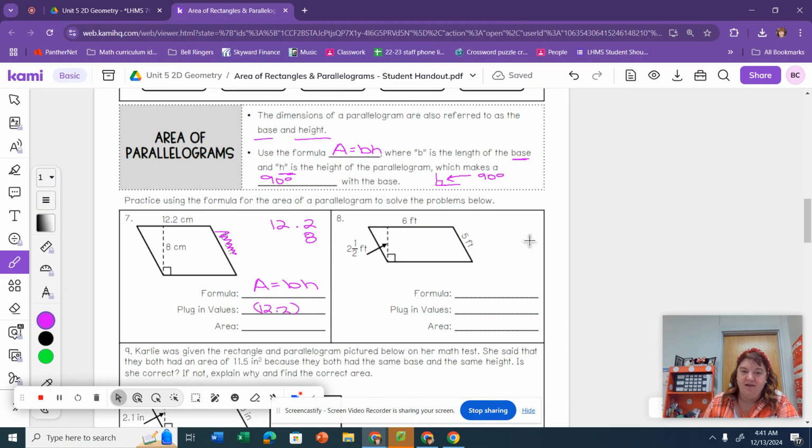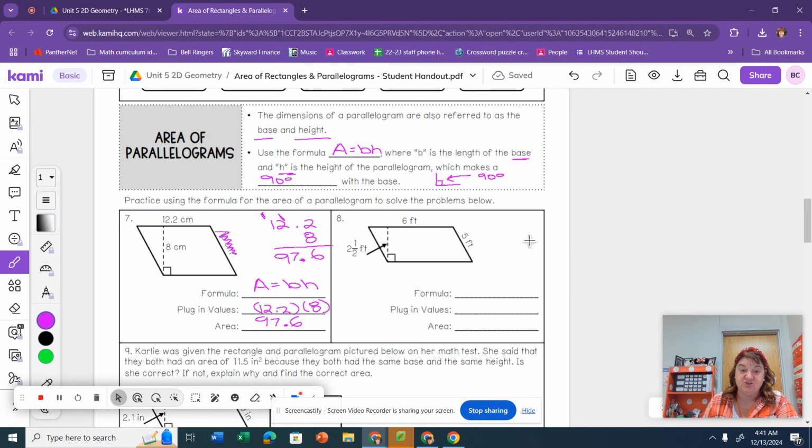12.2 times 8. And then we get 16, 16, 17, 8, and 9. We have 1 digit behind the decimal, so we put that right there: 97.6.